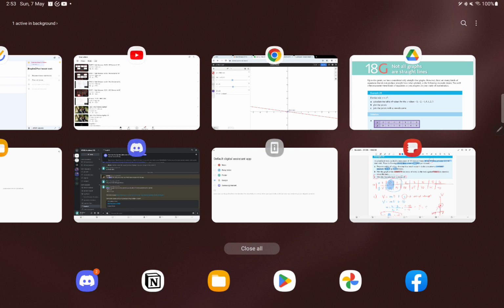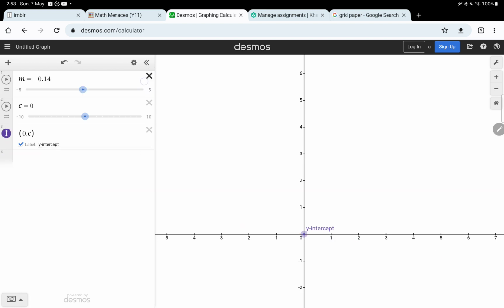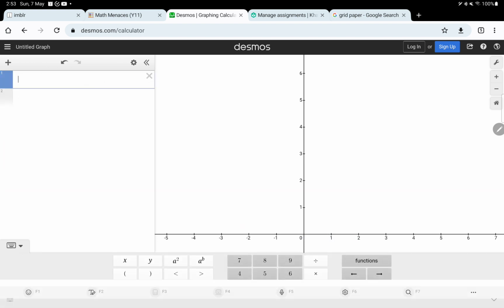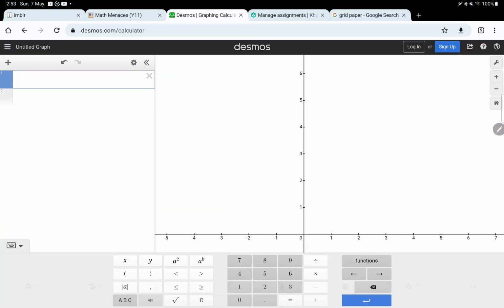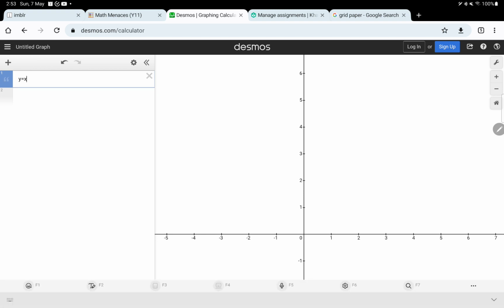The best way is just to show you on Desmos here. Let's say I give you the equation y equals x squared. For each x value, y would be the square of that value.